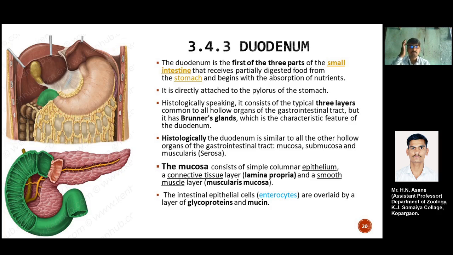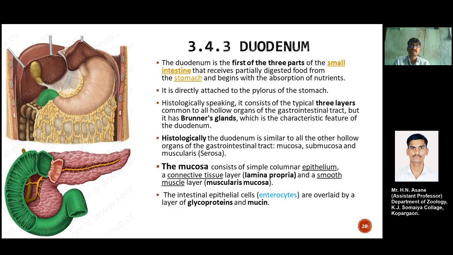The small intestine is divided into three parts. For today's session, the first part of the small intestine is the duodenum. The duodenum receives partially digested food from the stomach and begins the absorption of nutrients as soon as the pyloric sphincter opens into it.